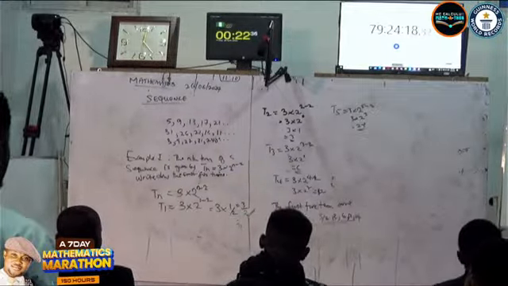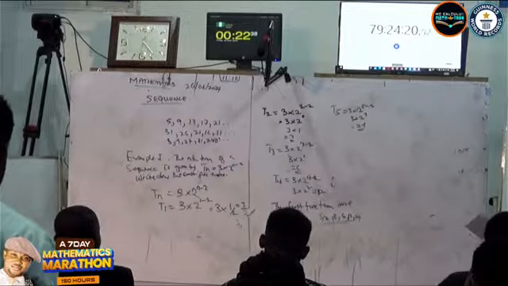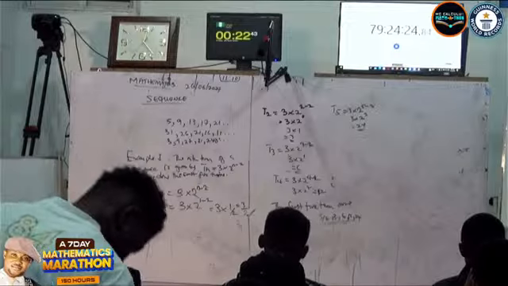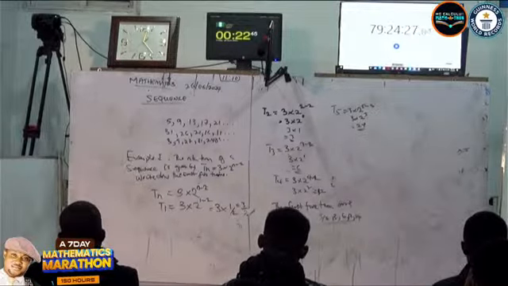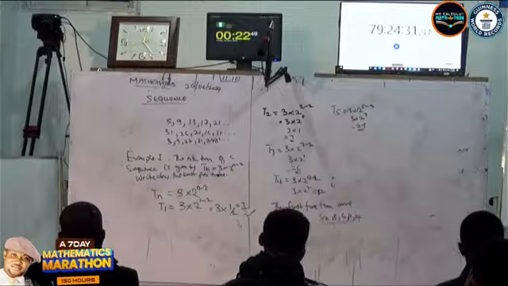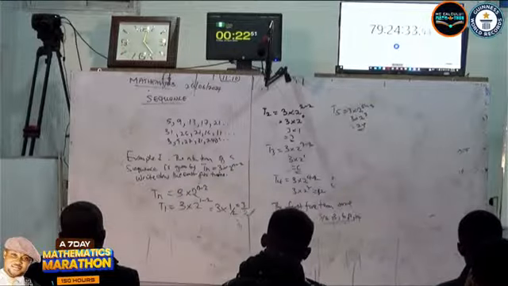So for the first term, just put n as 1. Second term, put 2. Third term, 3. Fourth term, 4. Is this something difficult? Just press and get your answer and get out of here. Sharp, sharp.